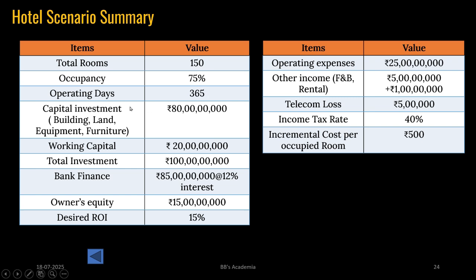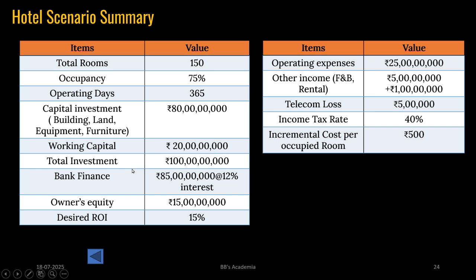Now let us see the investment part. The capital investment, which includes building, land, equipment, and furniture, is around 80 crores. That you can see is the figure here. Then working capital, according to this scenario, is 20 crores.